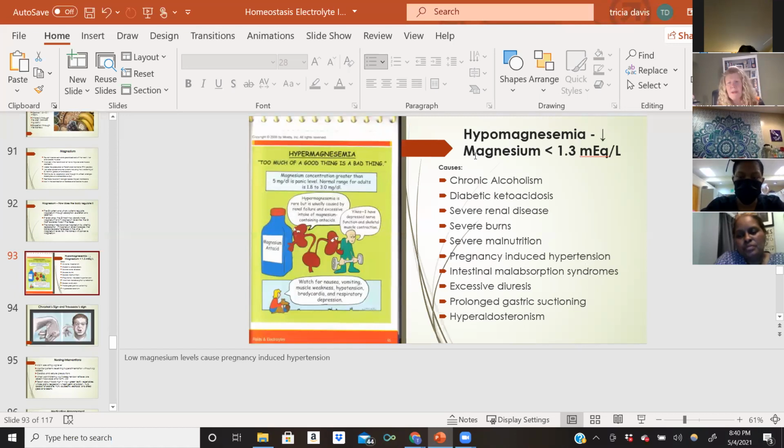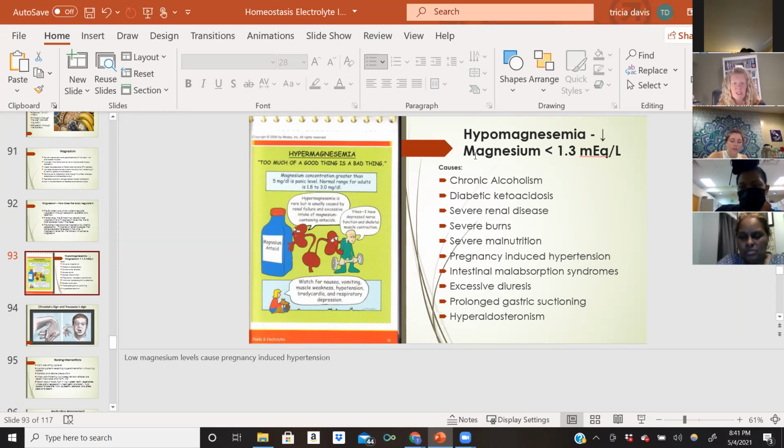So what patients can have hypomagnesemia, which is less than 1.3? Patients that have chronic alcoholism, patients that have diabetic ketoacidosis, patients with renal disease, right? If their kidneys aren't functioning properly, they can't hold on to it. Severe burns, patients that have severe malnutrition, they're not getting it in their diet.